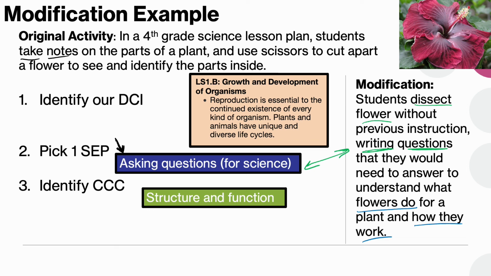And so that could be a lead-in to another lesson where they're provided with some resources that they can explore to answer some of their questions, or they might be answered in a future direct instruction event. So it can be that simple. It doesn't have to be super complicated in the modification way. That's a huge pro of doing modification.